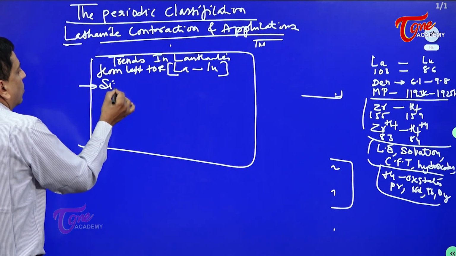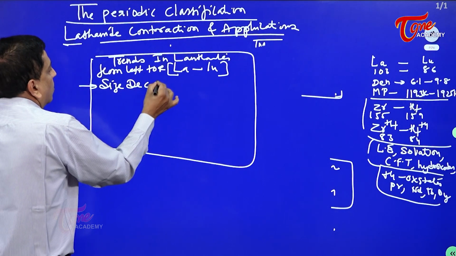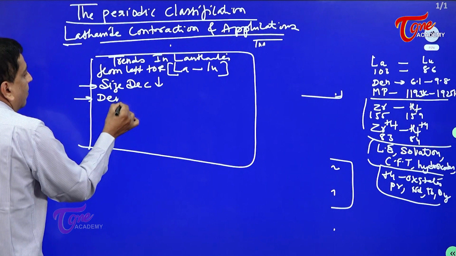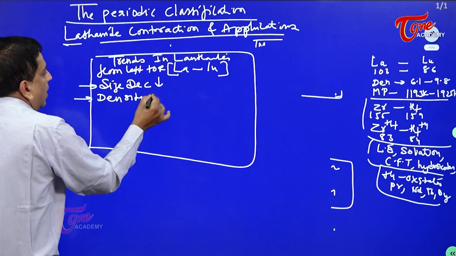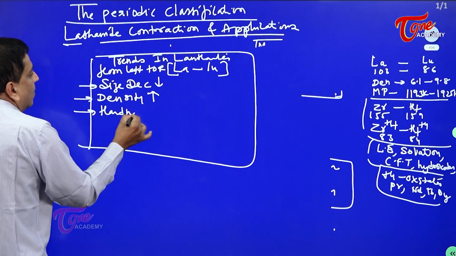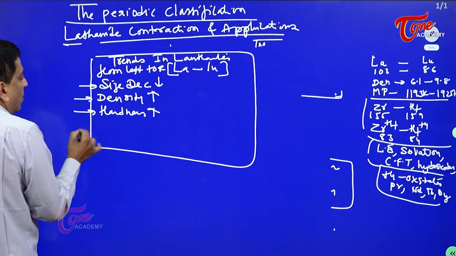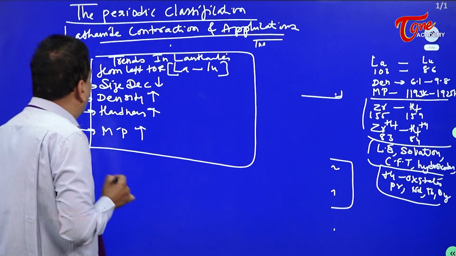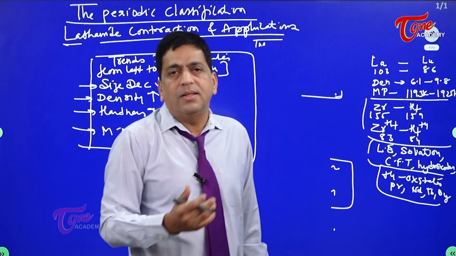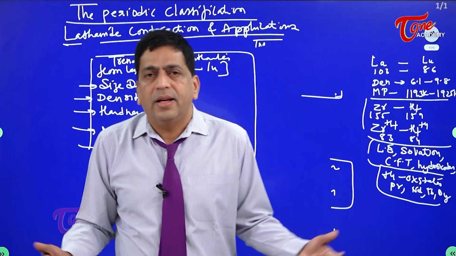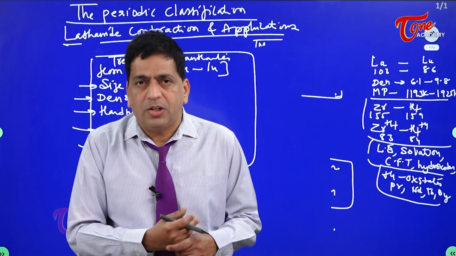The size decreases, density increases, hardness increases, melting points increase. So when the size is decreasing, the density is increasing, the hardness is increasing, the melting points are also increasing, and I gave you the values of it, right?